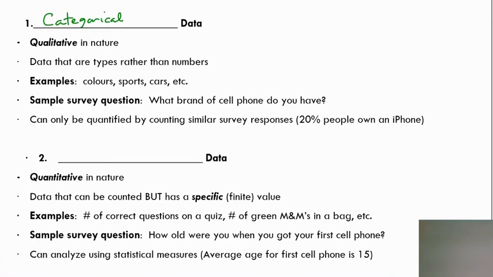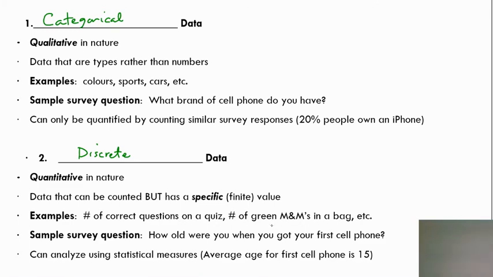Okay, the next one is called discrete data. So discrete data is quantitative, so we can put numbers to it. The data can be counted but has a specific or finite value. So there's no in-betweens, there's whole numbers. For example, the number of correct questions on a quiz, or the number of green M&Ms in a bag.